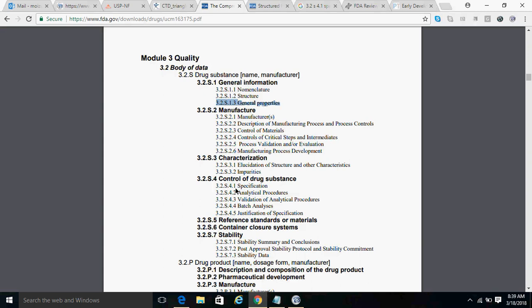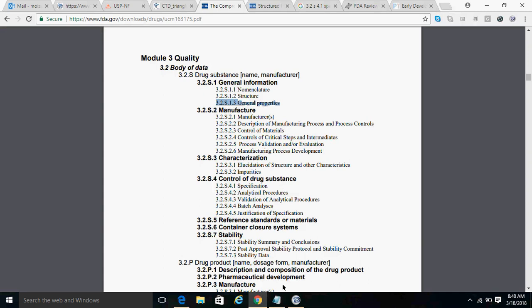Question. Suppose brother Sayyid doesn't know how this section looks, or brother Ahmad doesn't know how this section looks. No worries. Since you will have access to the database, go to a different product, for example Tylenol or other products, open the drug substance section, see that example, how they have done it, and do your example.